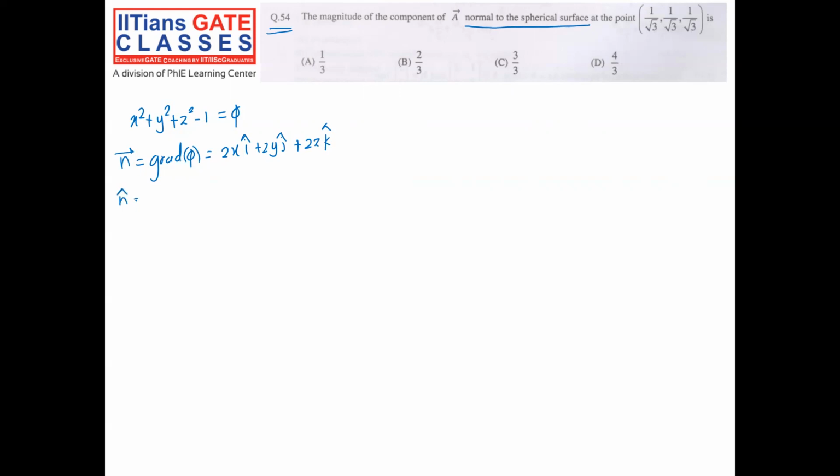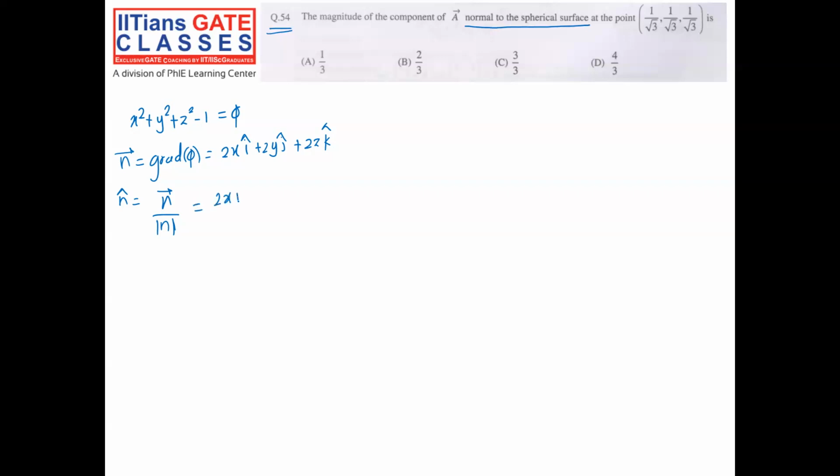n cap in this case is the unit normal vector, and that will be n bar divided by mod of n, which is the magnitude of this vector.